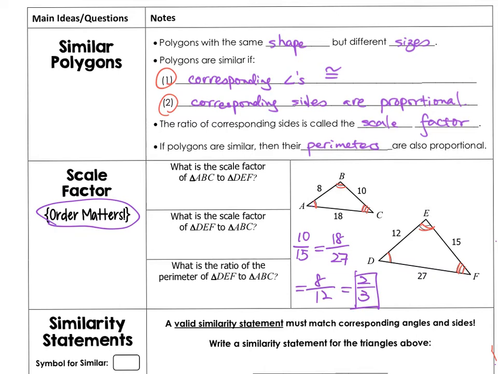So again, you first want to find out if all the corresponding angles are congruent, that is, does it fit the first criterion, and secondly, are all the sides proportional or not. Once you draw the conclusion they're similar, if you just take one side's ratio, you can prove to me that's the scale factor.